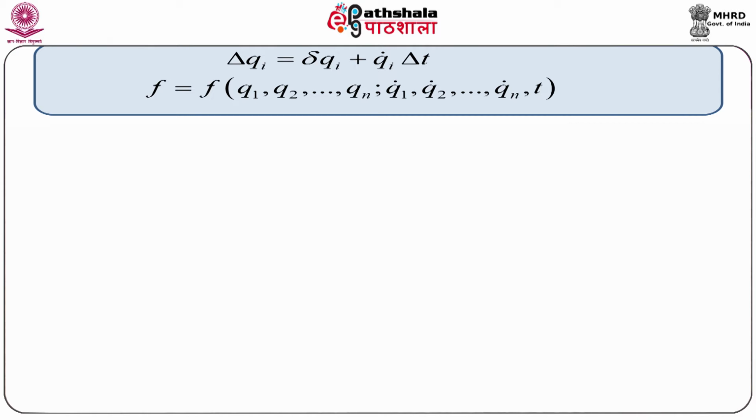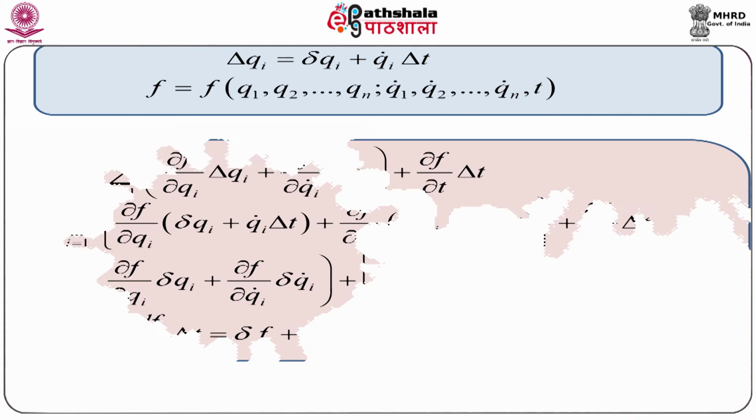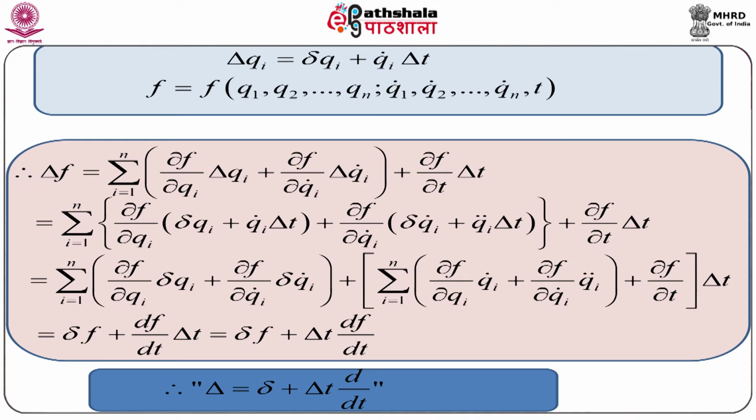Let f be a function which depends on generalized coordinates q1, q2 up to qn, generalized velocities q1 dot, q2 dot up to qn dot, and time t. Let us calculate triangular delta f, that is the change of small f.